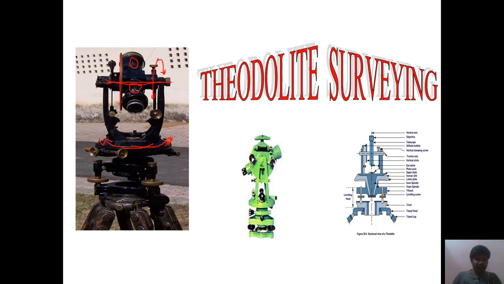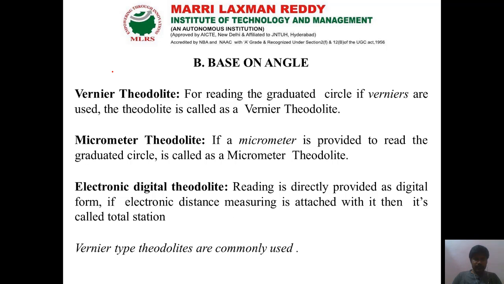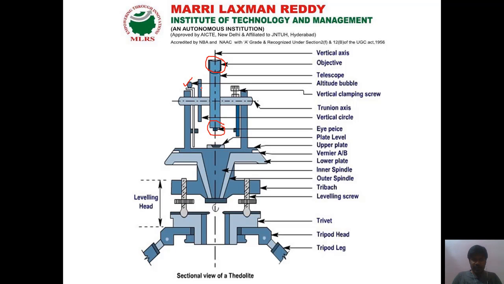Here the vertical circle is available. In this position, the vertical circle is oriented to my left side. So whatever observation I take in this position is called face left observation.